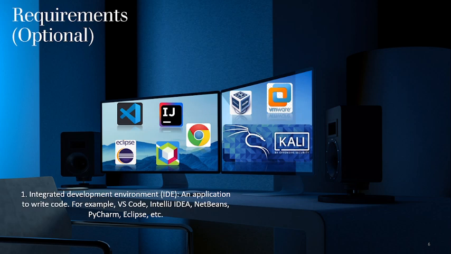Okay, first of all, we need an IDE or integrated development environment. We have some examples here. So we have VS Code, IntelliJ, NetBeans, PyCharm, Eclipse, Sublime, etc. Then we are going to need virtualization software such as VMware or Oracle VM VirtualBox.